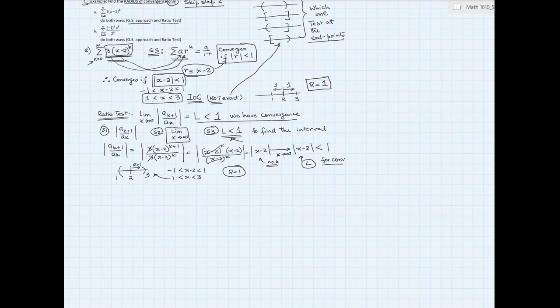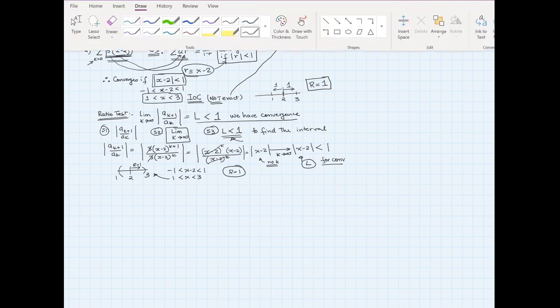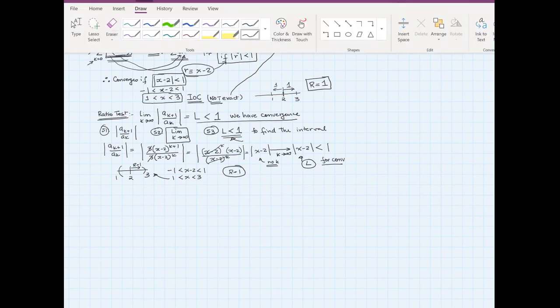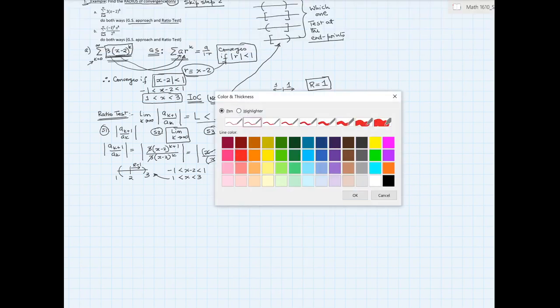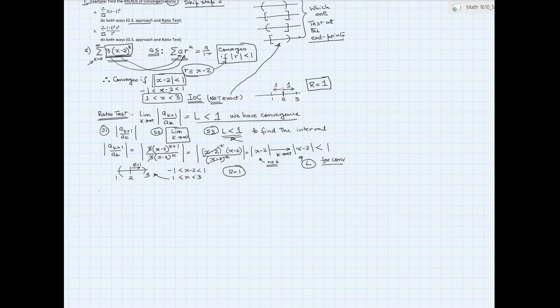Before we go to the next example, let's see that all that we have found till now matches up with our expectations. We started with this series, 3 times (x minus 2) raised to the power k, k going from 0 to infinity.